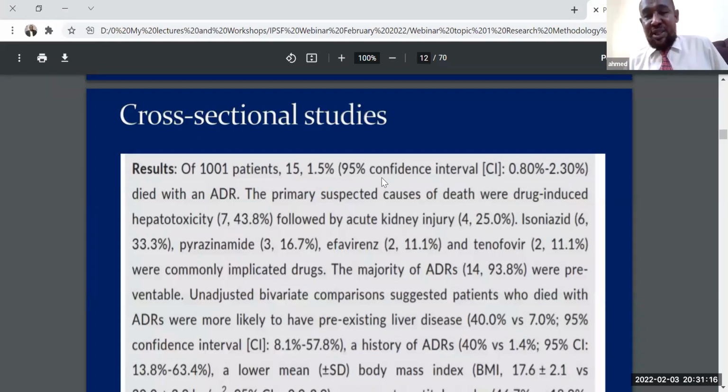That means the researcher is 95% confident that the true rate of death due to adverse drug reaction in the population will be between 0.8 and 2.3%. That means the lower limit and upper limit of the estimation.